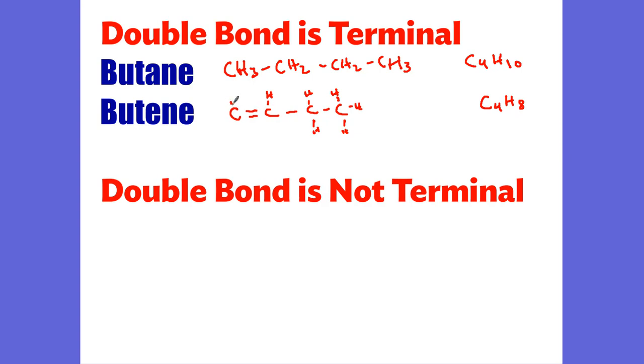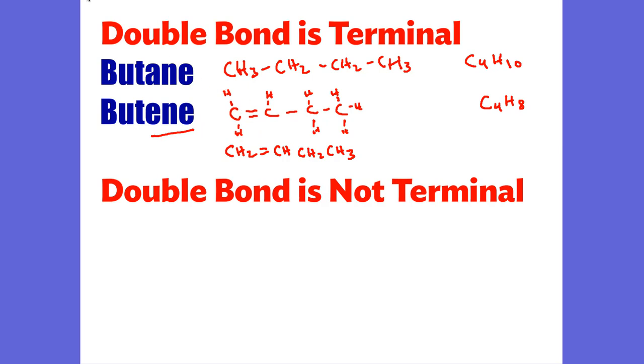It only needs 1 more bond. This carbon only needs 2 hydrogens because it already had that double bond, so that's 4 bonds. So if I wanted to do the simpler formula, we have CH2, a double bond with CH, then CH2, then CH3. And that was my chemical structure for butene.